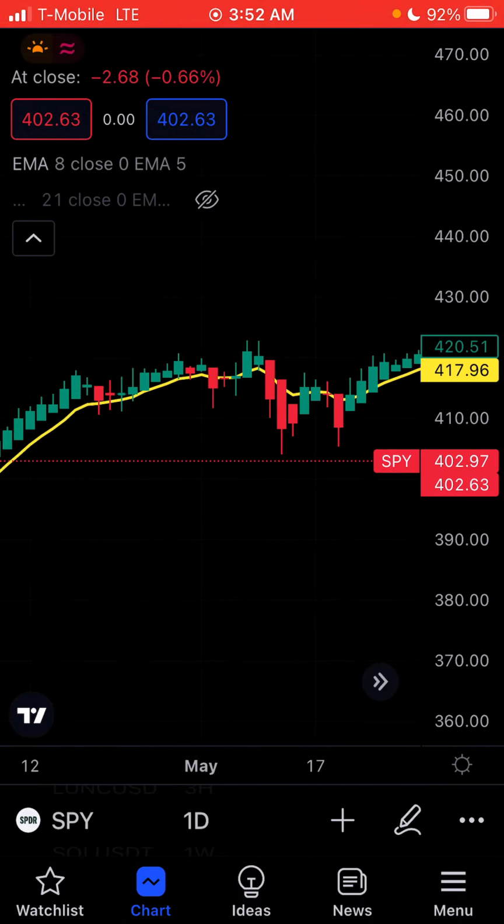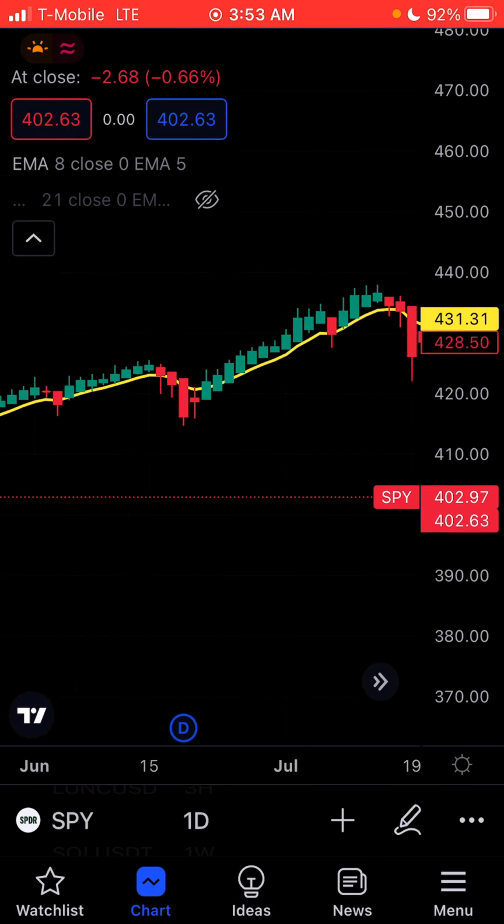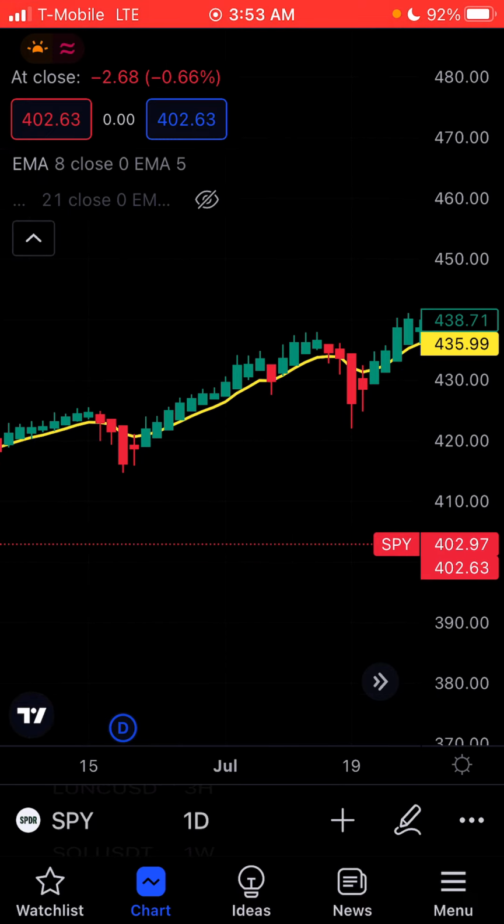So that's doing options. You can also use this to just buy and sell the stock. You'll know when it's going to go up. You don't pay attention to when it goes down. You pay attention to when you get a green candle and it's going up. So yeah, you can do that for stocks.